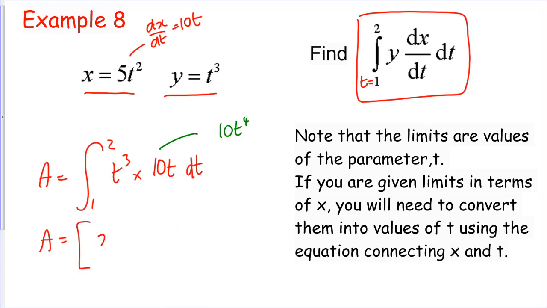Square brackets 2 t to the 5, 1 and 2. Subbing in these limits we get 2 times 2 to the 5, which is 64, take away 2 times 1, which gives us 62.